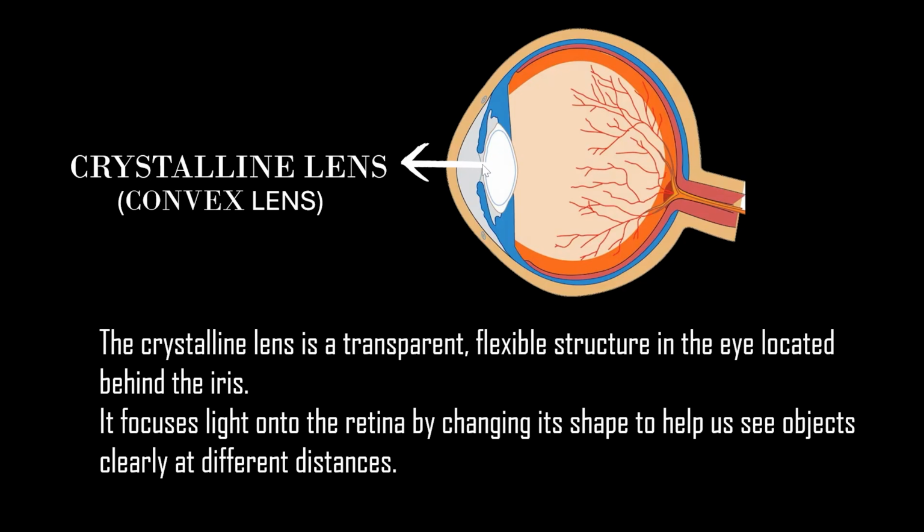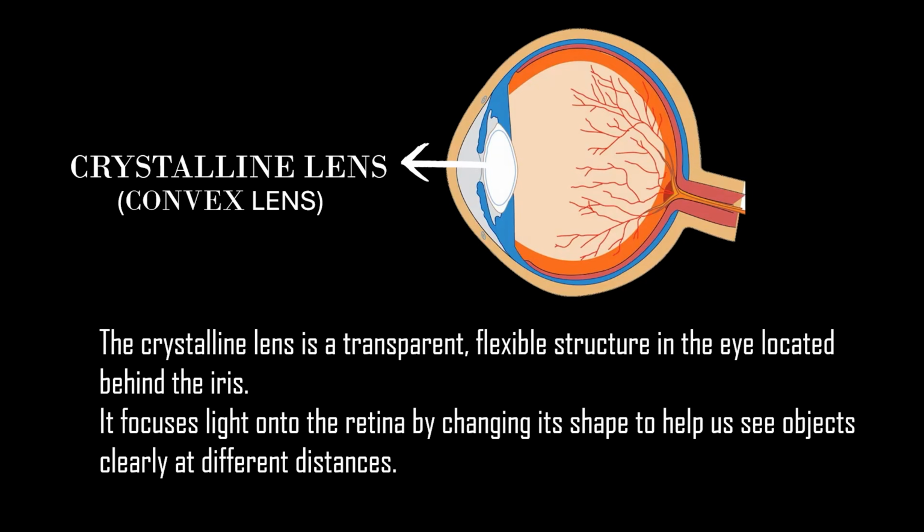You can see this is the iris here, and behind the iris the crystalline lens is located, and it focuses light on the retina by changing its shape to help us see objects clearly at different distances. When the light strikes this crystalline lens, which is a converging lens, it converges the light and forms the image on the retina. We should remember that the image formed is always real and inverted.